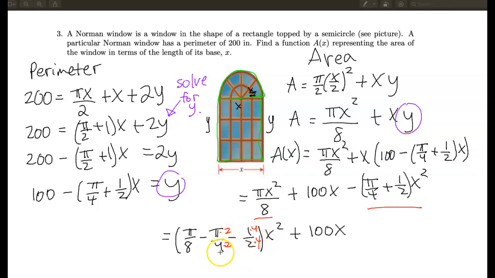I didn't need to do the 4 there, we can all keep it over 8. So we'll say negative pi minus 4 over 8, just putting that negative with the pi, times x squared plus 100x.